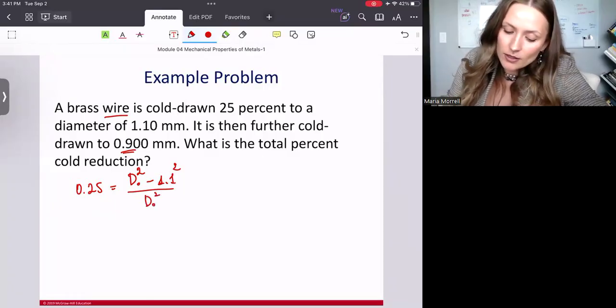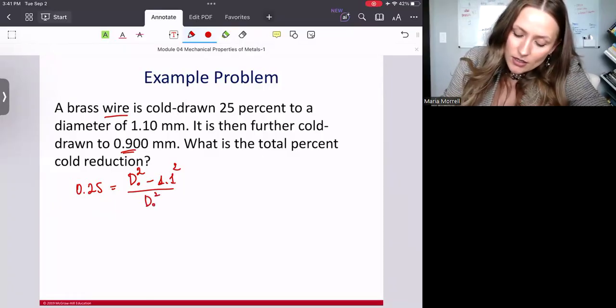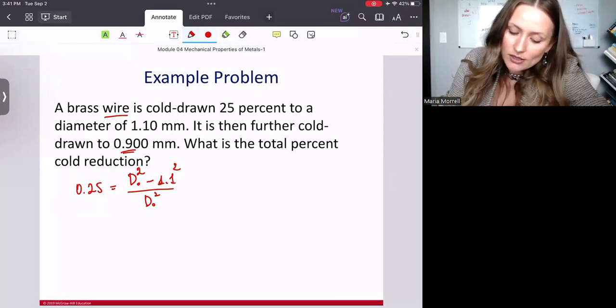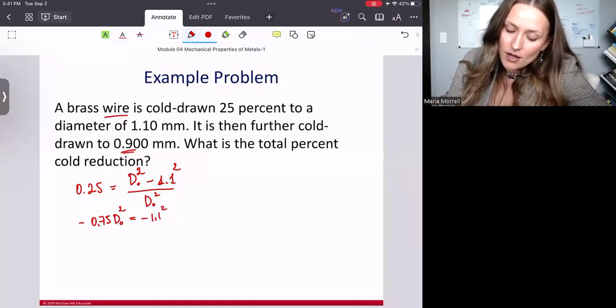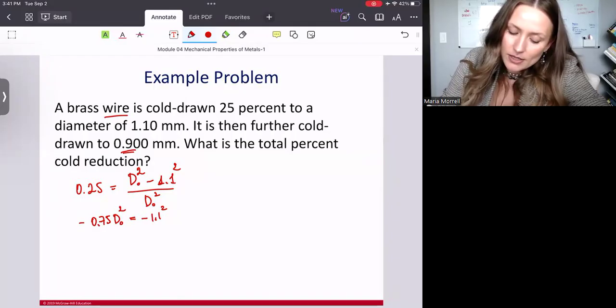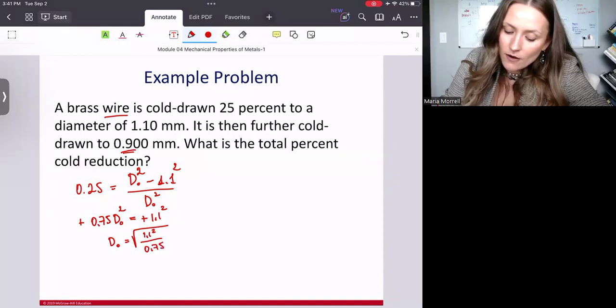So that would be 0.25 d naught squared minus d naught squared. That is going to be 0.75. I hope you guys are okay with me skipping some of the steps, just for simplicity. And then I'm getting rid of the minus signs, and my d naught is going to be the square root of 1.1 squared divided by 0.75.